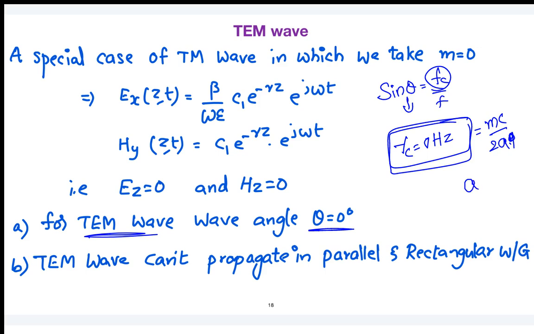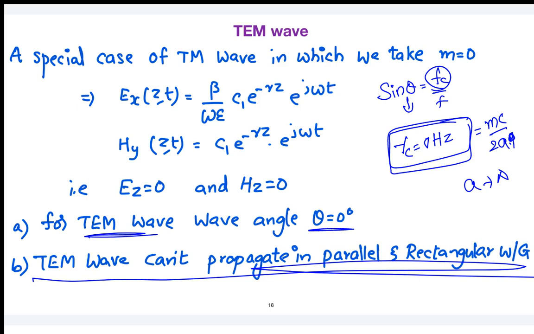Infinity. So what does that mean? The transverse electromagnetic wave cannot propagate in a parallel plate or rectangular waveguide because you cannot achieve a cutoff frequency of 0 Hz with a normal waveguide. Yes or no? You require a waveguide whose dimension is infinity. Agree with my point? So the TEM wave cannot propagate in a parallel plate or rectangular waveguide because you cannot achieve the cutoff frequency of 0 Hz, because you require a larger dimension which tends to infinity.